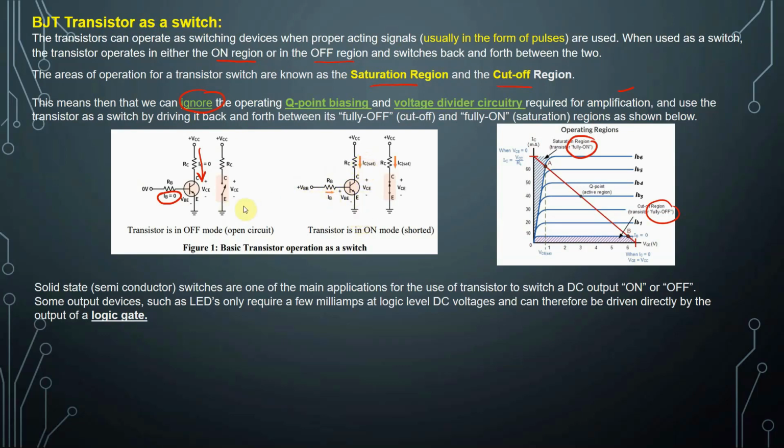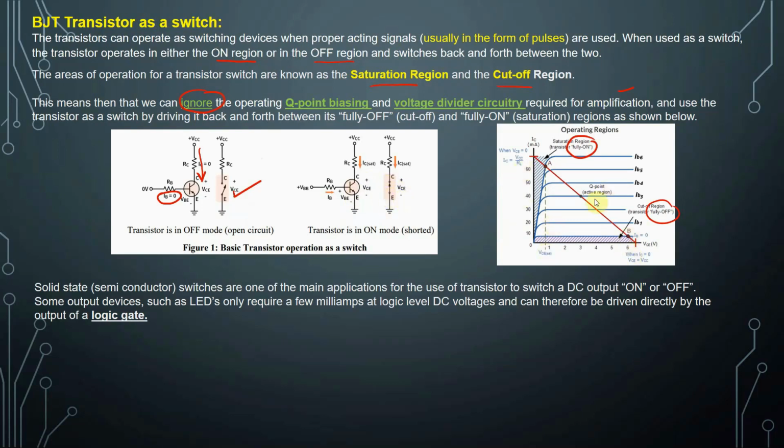If the amount of current is not enough, IB is very, very small and doesn't reach a certain saturation point, the transistor is said to be open, just like an open switch. However, if IB has reached its saturation condition, the transistor is working as a closed circuit. So it is a closed switch, right?